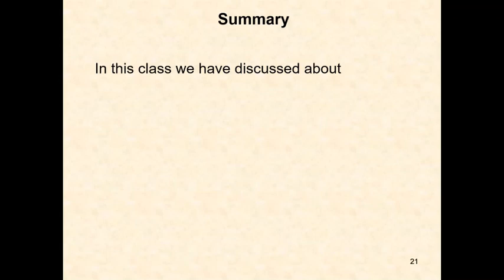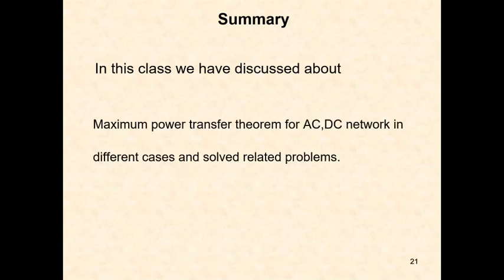So in this way we are solving some problems, and in the next class we can solve some other problems. In this class we discussed the maximum power transfer theorem for AC and DC networks in different cases and solved related problems.